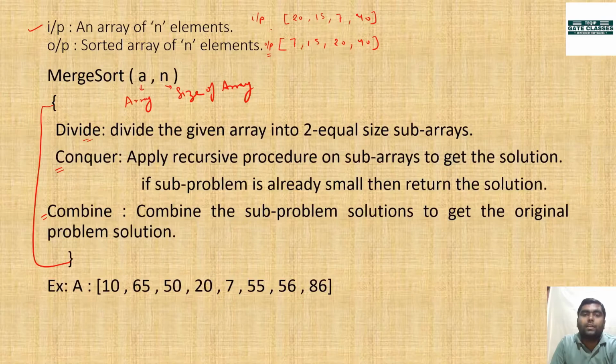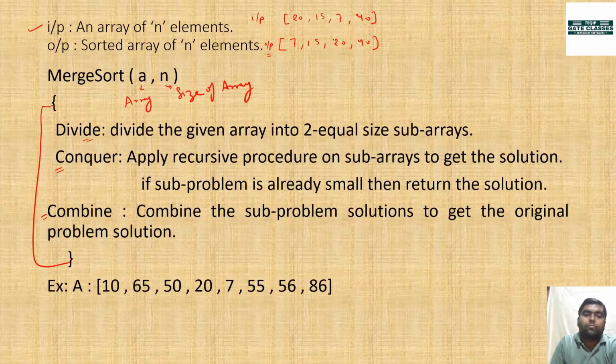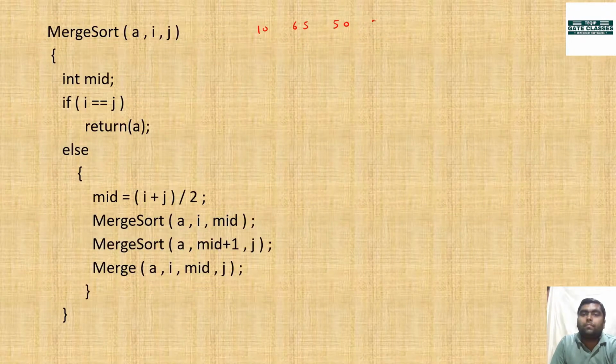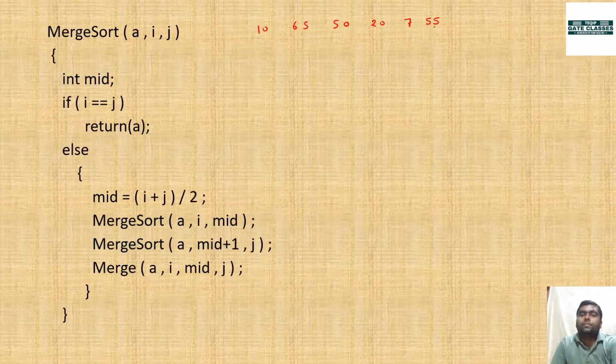So what is array? This is the algorithm. I will show you, don't worry. So it is 10, 65, 50, then 27, 55, then 27, 55, then after that 56 and 86.